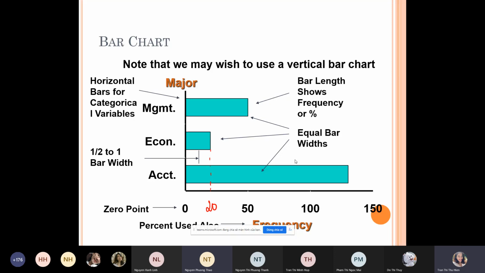So when you collect the data from the students, for the number of students joining each major, there are a lot of majors in here, right? Accounting, English, Chinese, like that. And it is easy for you to use the bar chart in this case. Sorry, the pie charts in this case.